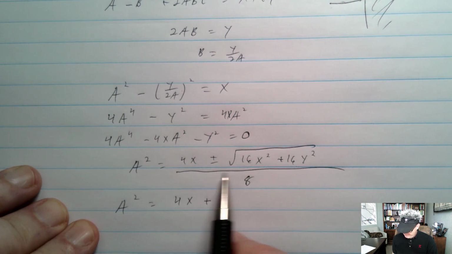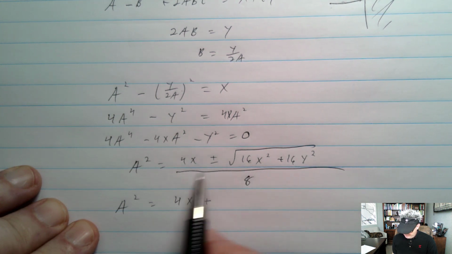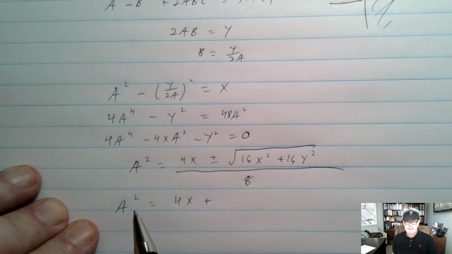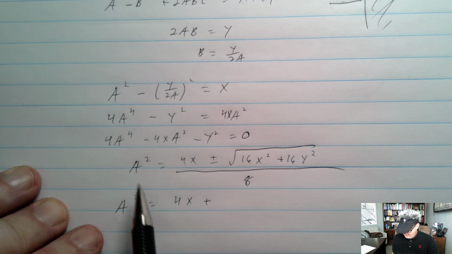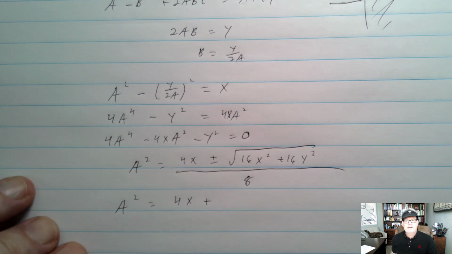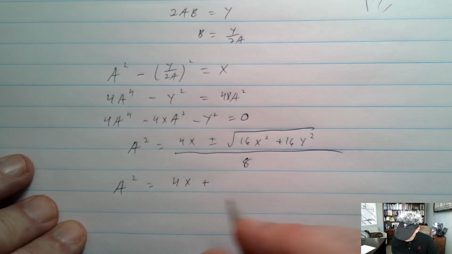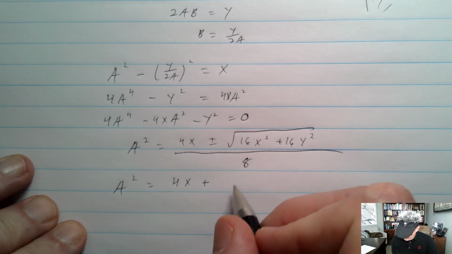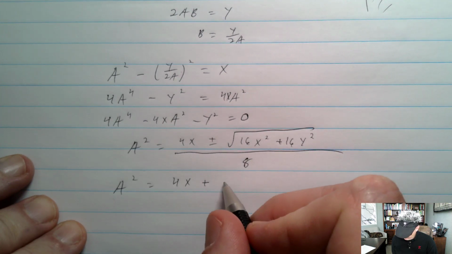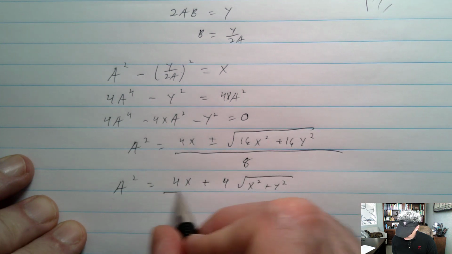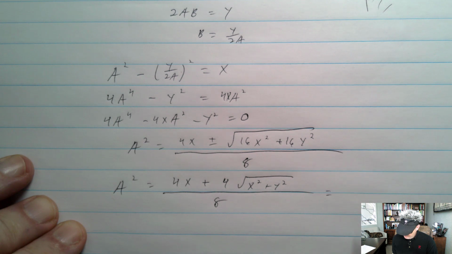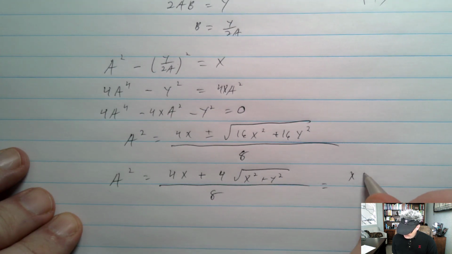I can lose the minus because this is going to be bigger than 4x, and a squared is a positive real number. I can't have a squared negative, that would make it imaginary. So pulling out the 16 rooted 4, a squared equals 4x plus the square root of x squared plus y squared all over 8. So this ends up being x plus the square root of x squared plus y squared all over 2.